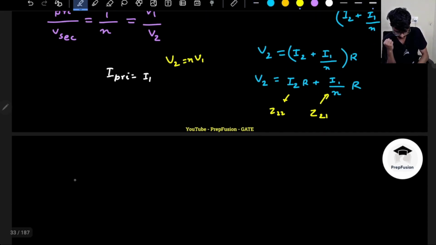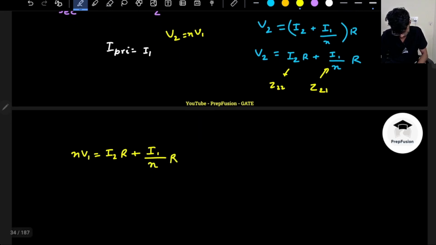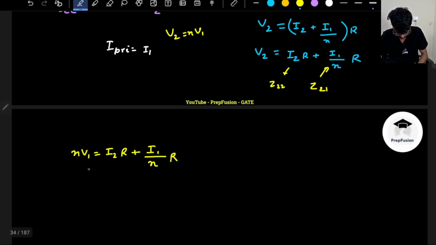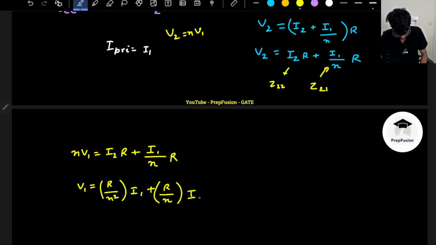So NV1 is equal to I2 into R plus I1 divided by N into R. So V1 will be equal to R by N square into I1 plus R divided by N into I2.